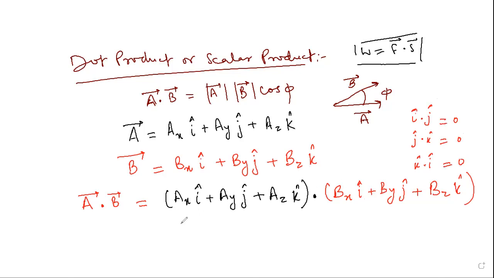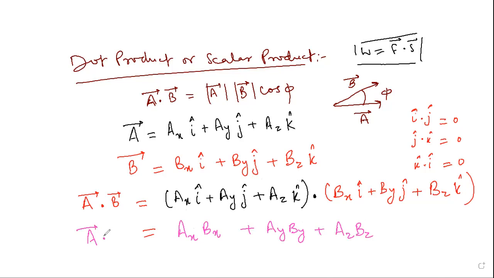So only 3 terms will remain, which will have attached i dot i, which is 1, j dot j, which is 1, k dot k, which is 1. And those terms will be AX BX plus AY BY plus AZ BZ, right?